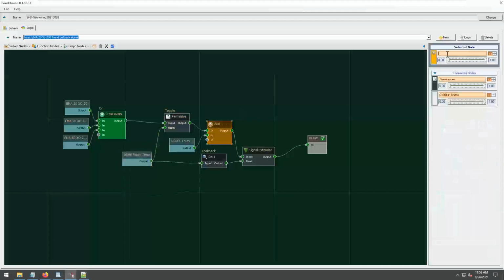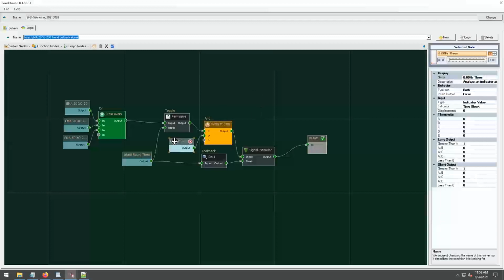And then, let's see. So then with this AND node, we're checking our permissive at 6 a.m. And so again, we have another threshold solver that's identifying the 600-hour bar, and then we're feeding that into the signal extender.